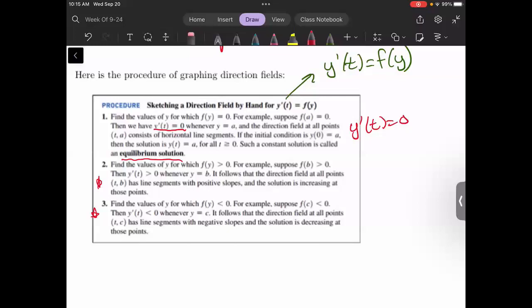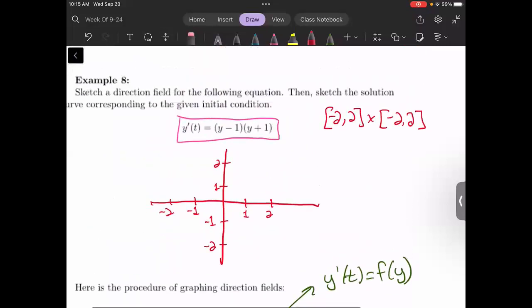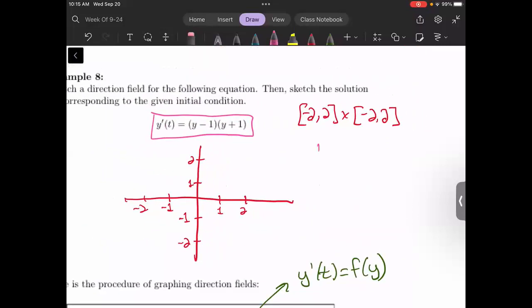Okay. So that's for steps 2 and 3 respectively. Okay. So I'll show you how to do that. But first, the values that will reach equilibrium, it's where y prime of t is equal to 0.